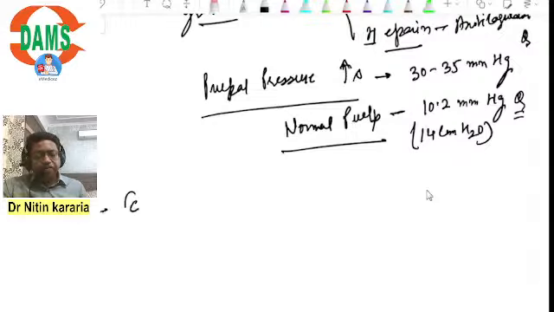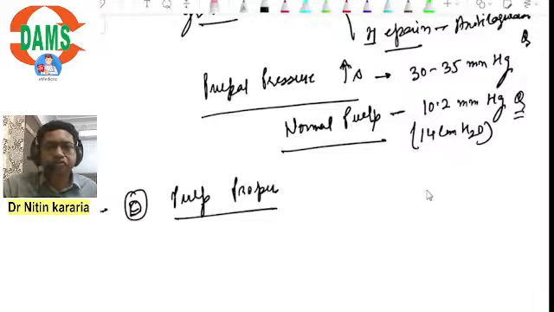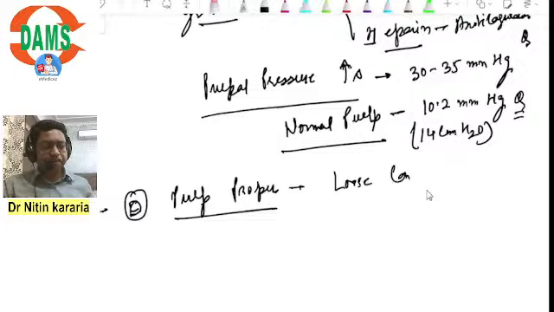Then the third layer, from outside to inside, we are discussing the structural organization of the pulp. The fourth layer is pulp proper. The innermost layer of the dental pulp is called pulp proper. It is basically a loose connective tissue.